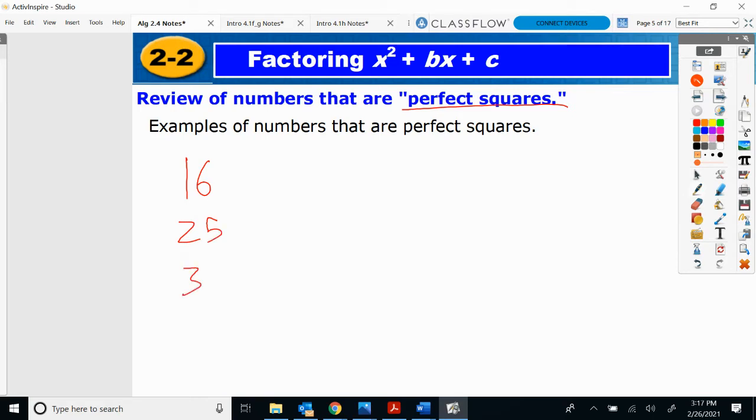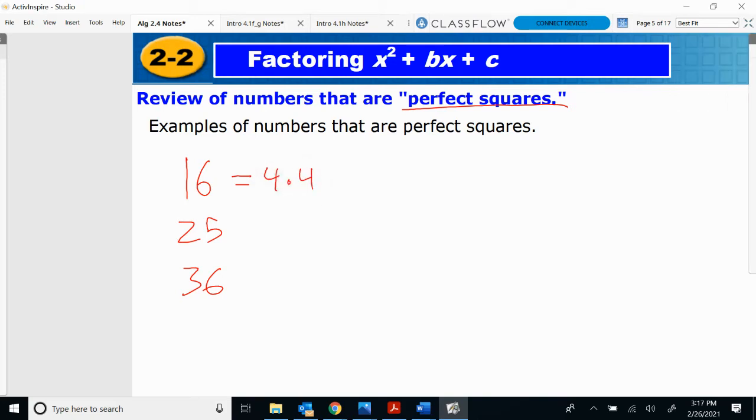Another one, 36. Okay. They're perfect squares because each of them is the product of two of the same exact numbers being multiplied. All right. Those numbers we end up calling perfect squares when that happens.